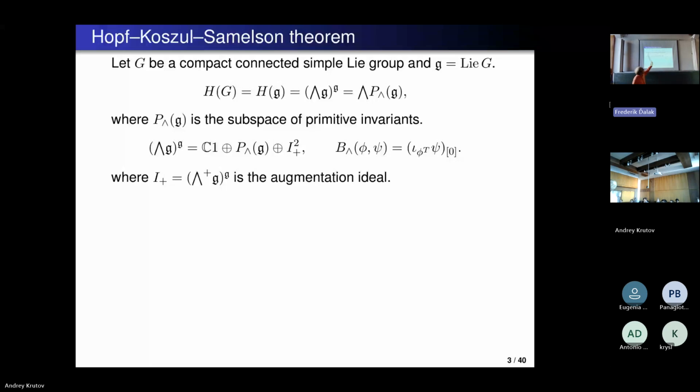So if our Lie algebra is simple, then we have a non-degenerate symmetric bilinear form, for example, the Killing form. This Killing form can be extended to the whole exterior algebra by this formula. You take contractions, T is the transposition, you just reverse the monomials in your algebra, and the zero subscript means you just project to scalars.